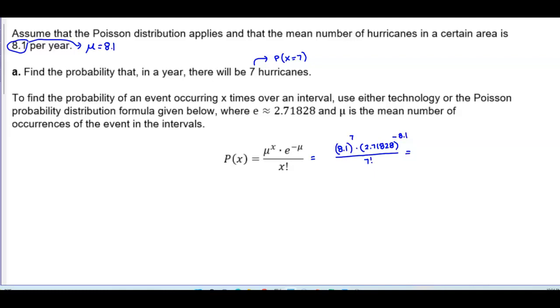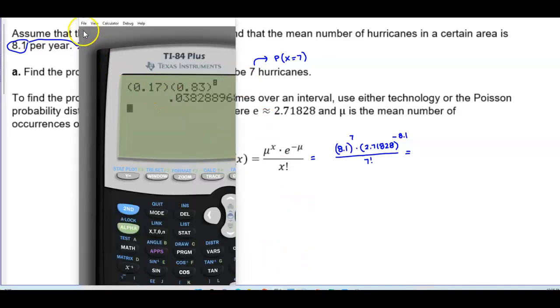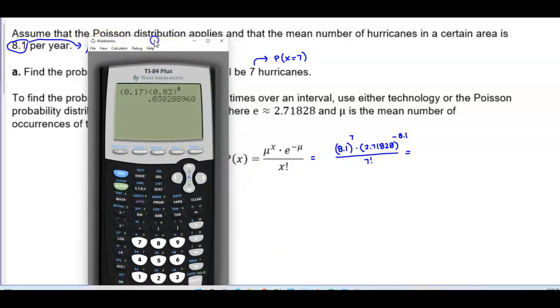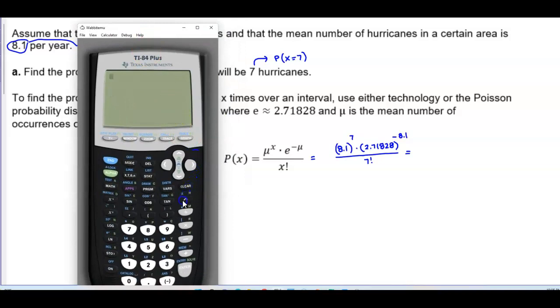Okay. Now, if we wanted to use our calculator, and I'll show you how to use this on the calculator, we would do the following. We take parentheses 8.1, and then we raise it to the power of 7, and then shift down, and then multiply that by, again, parentheses 2.71828, and that's to the power of, make sure you use the negative symbol, negative 8.1.